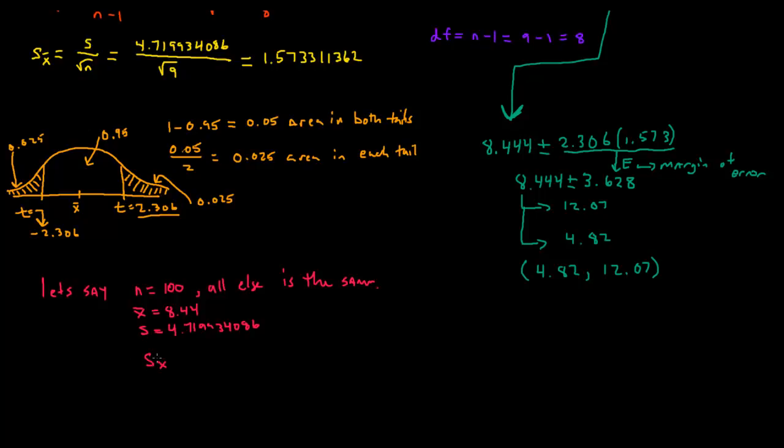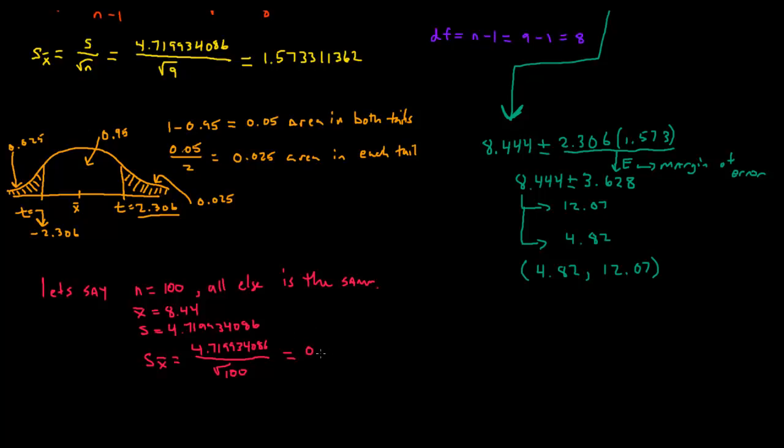That's s sub x bar. Well, remember, it's s divided by the square root of n. So it's 4.7199348086 divided by the square root of 100, which is 10.